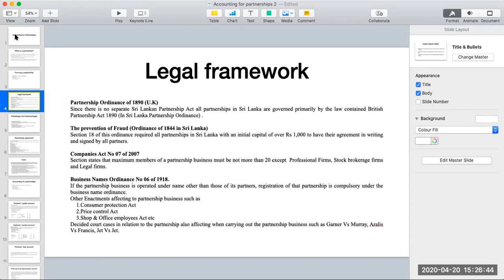This says that if a partnership business is operated in a name other than those of its partners, then registration is compulsory. Other than these four main acts and ordinances, there are several enactments, including the Consumer Protection Act, Price Control Act, and Shop and Office Employees Act.